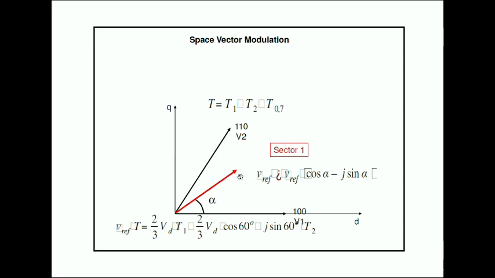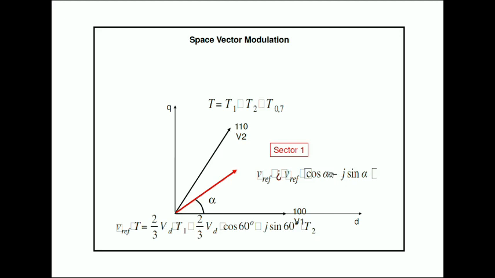So from this, if you have a vector like this with phase displacement alpha, you can represent it with a combination of two vectors in the d and q axes, that is V reference is equal to V reference into cos alpha minus j sin alpha. This is the j axis, j sin alpha.